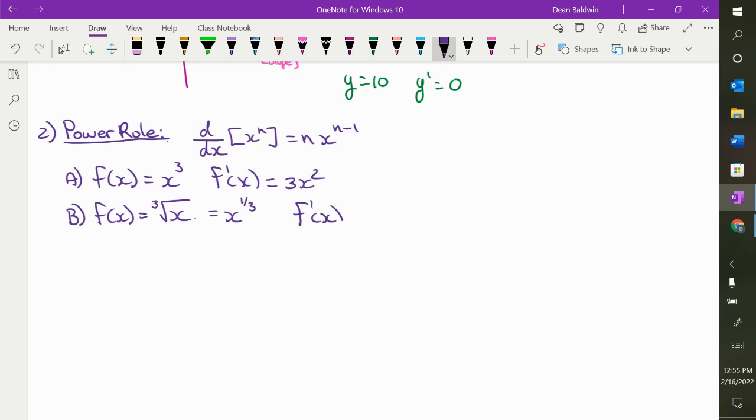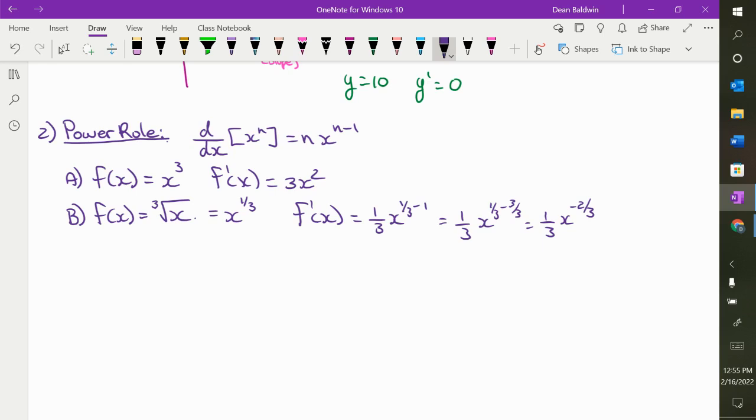Therefore, when I say what is f prime of x, drop the 1/3 down. Take away 1 from a third. I'll write it out. You'll get good at just doing this in your head. So you're going to get 1/3 minus 3/3, which is negative 2/3.